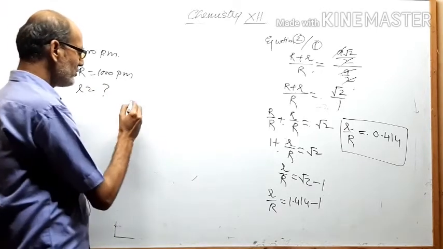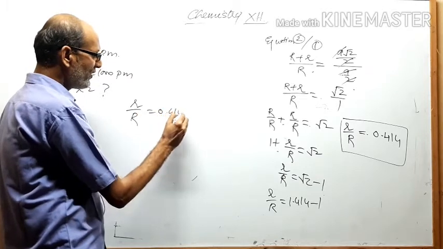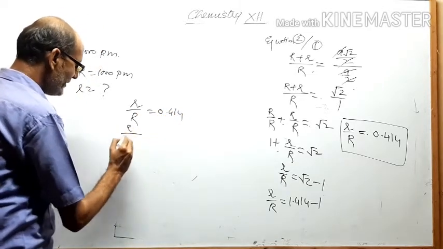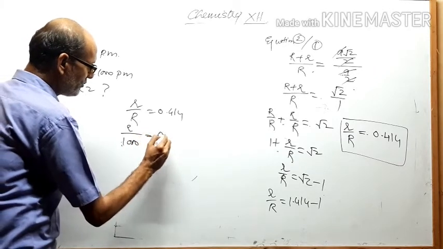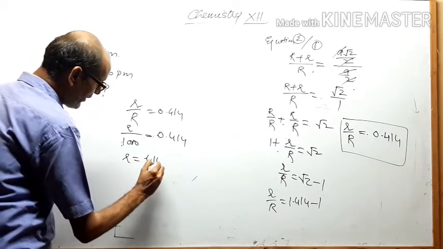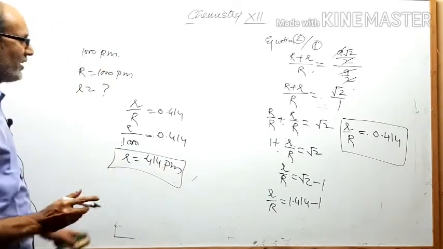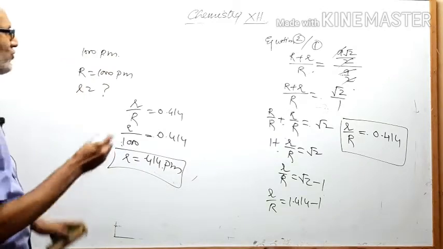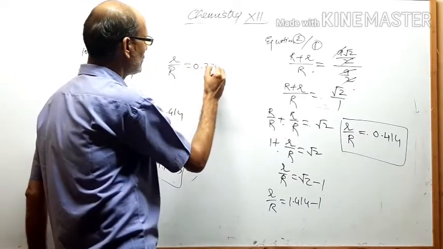For the octahedral void you have to use the formula small r upon capital R is equal to 0.414. So r upon 1000 is equal to 0.414, so r is equal to 414 picometer. If you want to find the tetrahedral void, you have to use the formula r upon capital R is equal to 0.225.